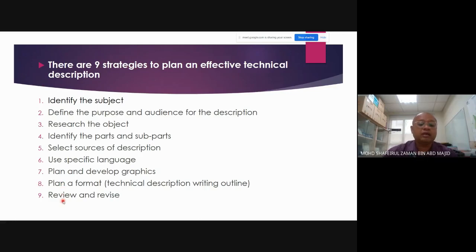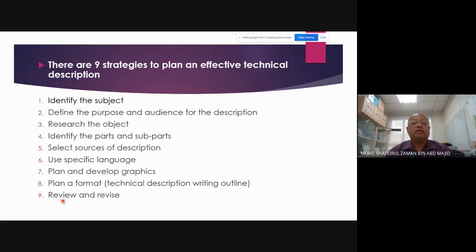And number nine, review and revise. So once you have done with your part, let's say there are three of you in a group, you can review what you have prepared for the technical description, or you can also ask your group members, you swap the parts that you have prepared among you, and you ask your friend to give their feedback regarding what you have prepared.